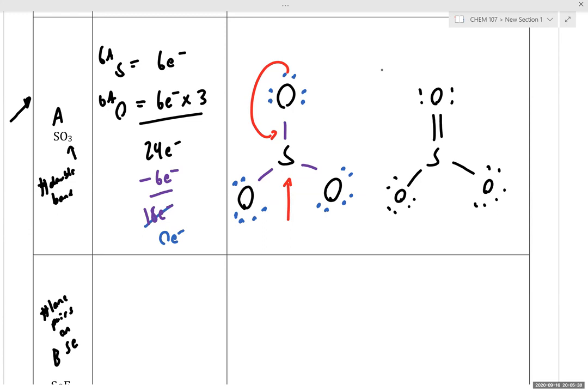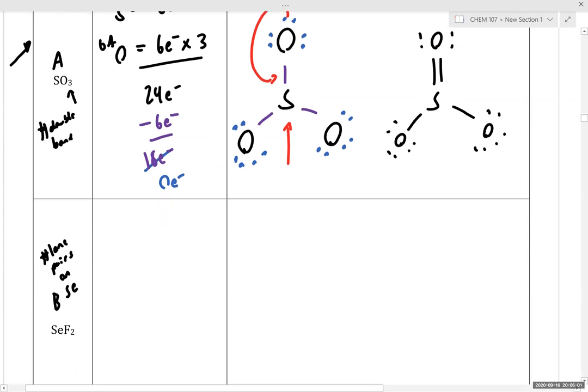Does this example make sense to everyone? If not, let's keep going now. We don't have any questions.